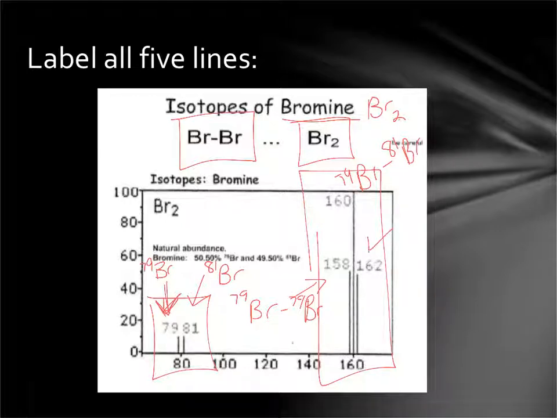And then the very heaviest one is your bromine 81 with your bromine 81. Just note that they can be different depending on if it's a monoatomic, like a normal element, or if it's a diatomic element. And also remember with the diatomics, the more isotopes you have, the way more peaks you're going to have, right?